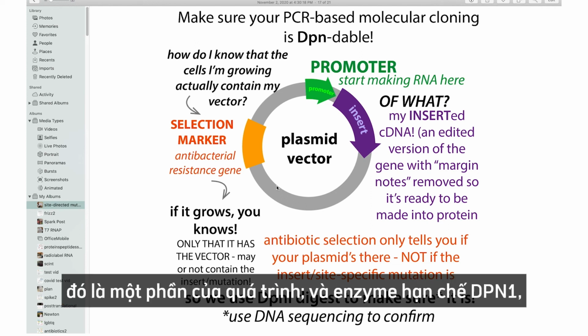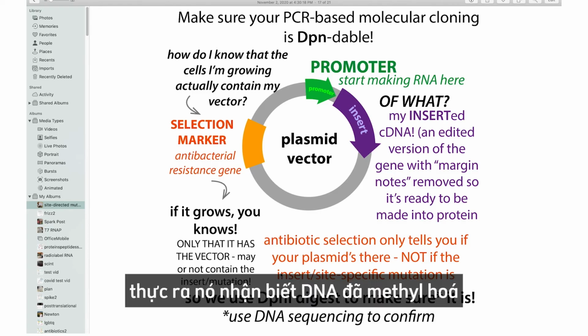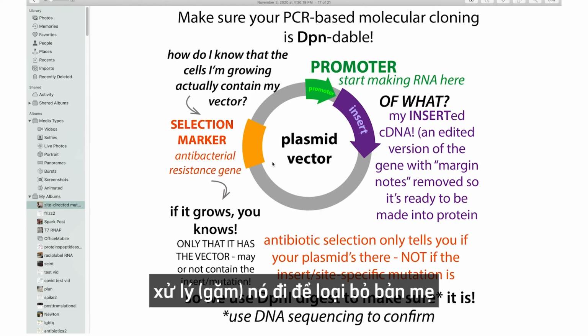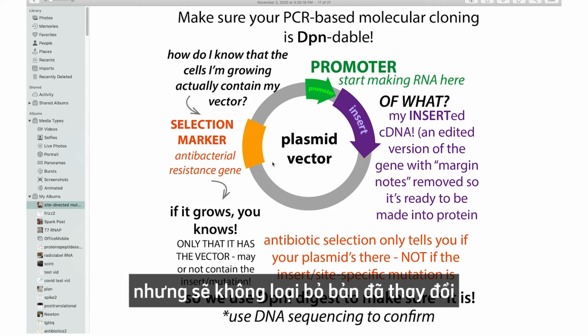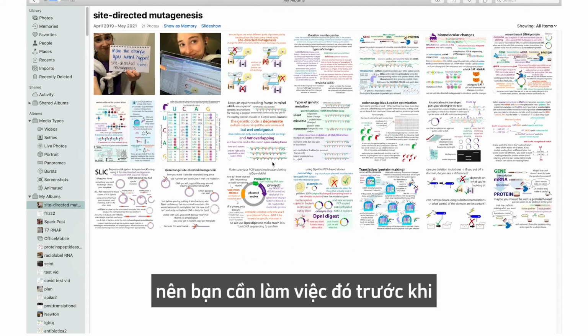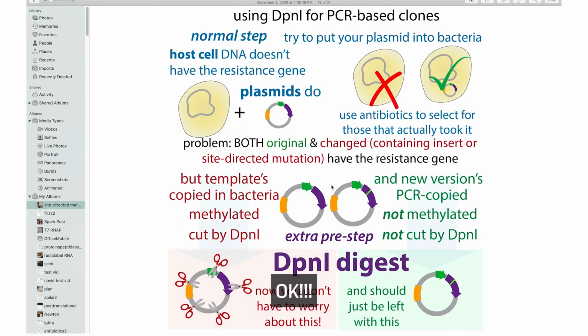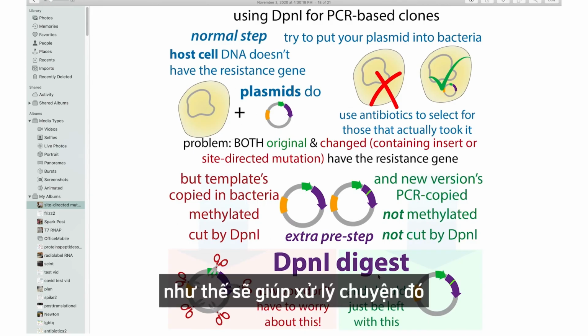The restriction enzyme DpnI recognizes methylated DNA and chews that away. So it gets rid of the parent, but it won't get rid of the changed version. You want to do that before you put it in. That should help with that.